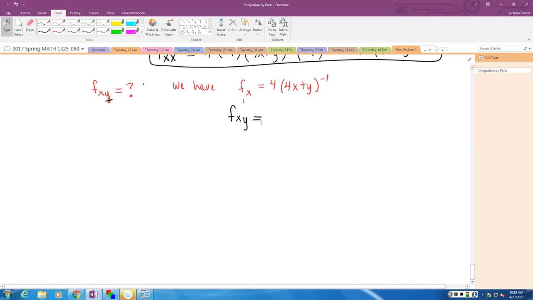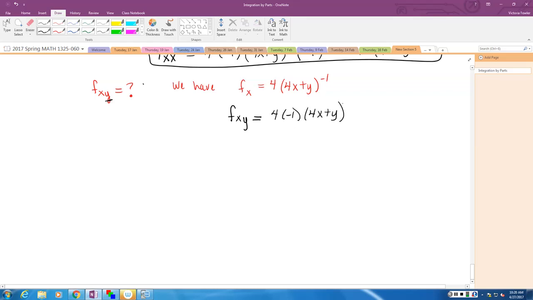So I'm looking at my partial of f with respect to x. I'm going to take the derivative, but I'm going to treat y as the variable and x as a constant. Okay, so tell me what to do. Keep the 4. Pull down the negative 1. Oh, I didn't write that.